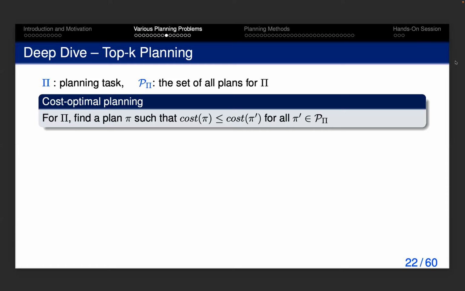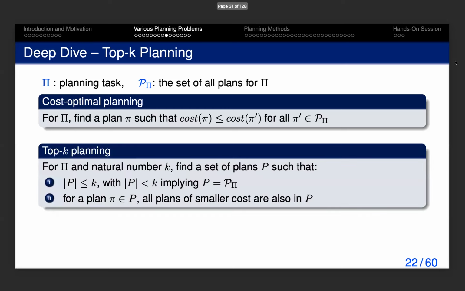Cost optimal planning can be viewed as the task of finding one plan out of that set which minimizes the cost. The top K planning definition has existed since 2012, 13, 14, sorry. In one way or another, this particular definition was written in 2018. I think they're essentially the same, but there is a slight difference.